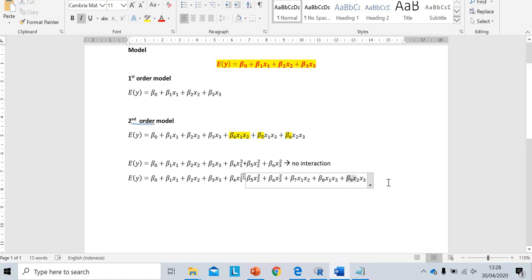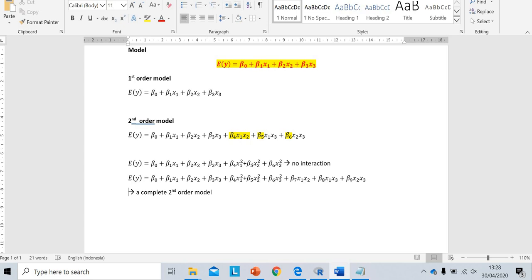This is called a complete second order model for three quantitative variables.